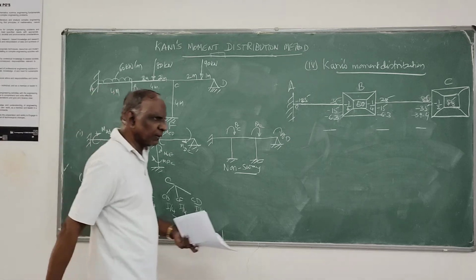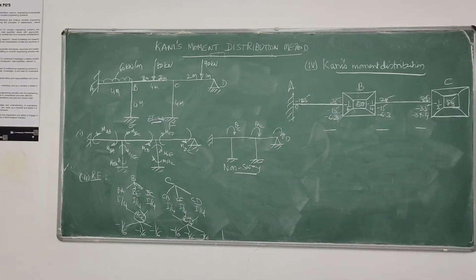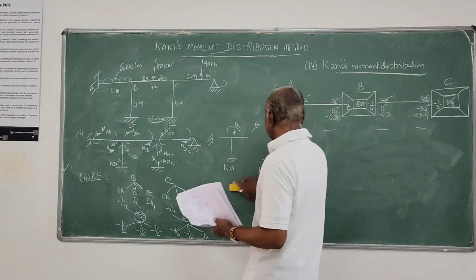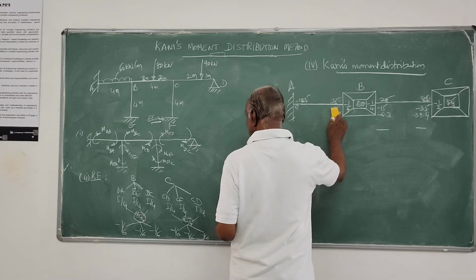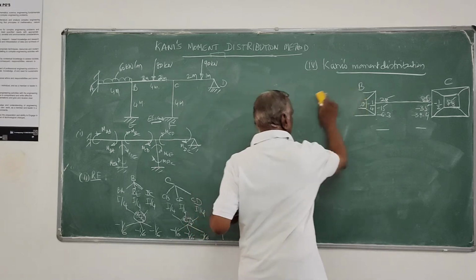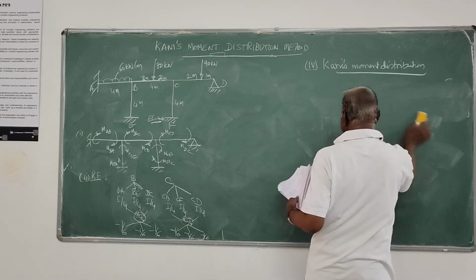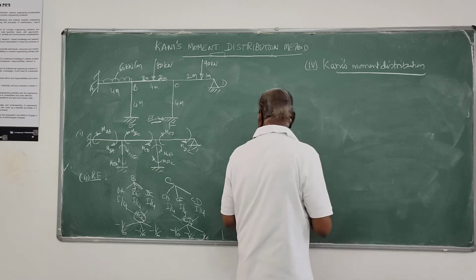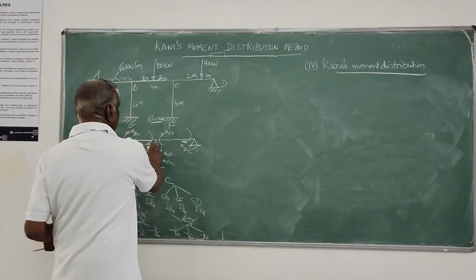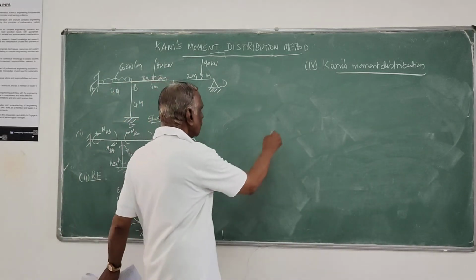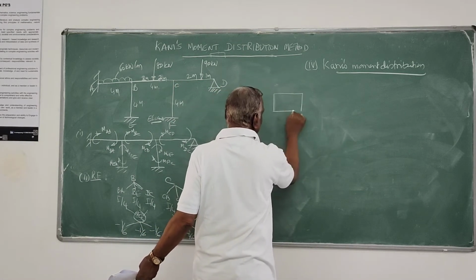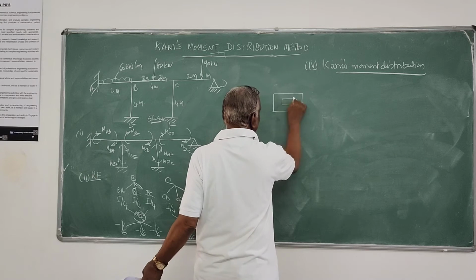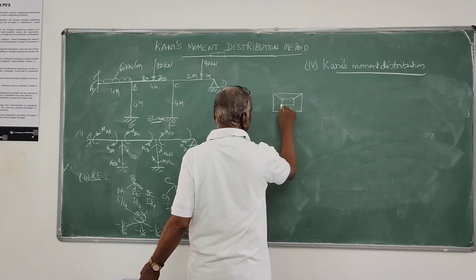So now you prepare the Kani's moment distribution diagram. As usual, now here there are totally 3 joints which are liable to be rotated. So those joints which are liable to be rotated, that you identify in this fashion.